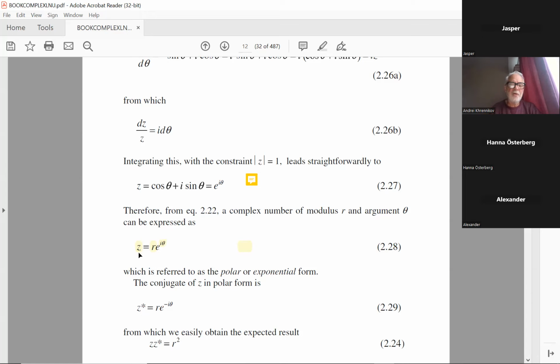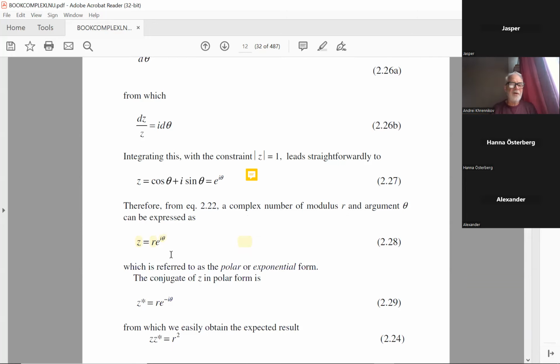So any complex number, I just repeat, can be represented as its absolute value, or the length of a vector on the complex plane, times exponent i theta, where theta is the argument of this complex number. When you multiply complex numbers, add, and so on, you work with this as with a usual exponent.